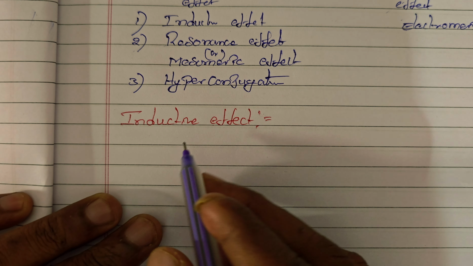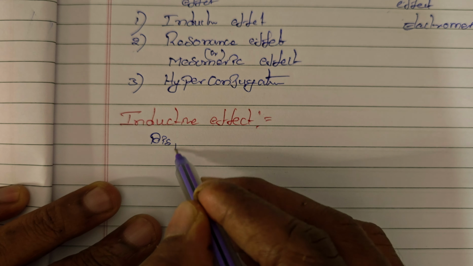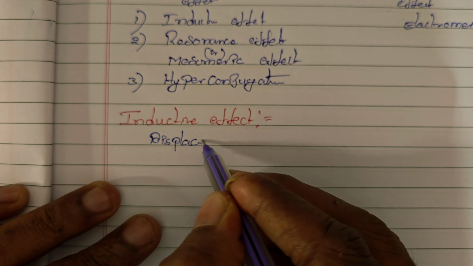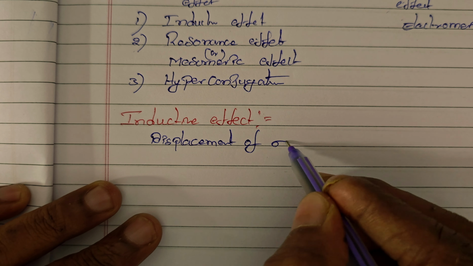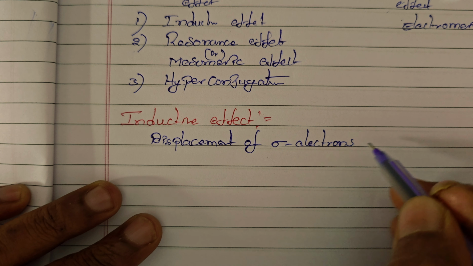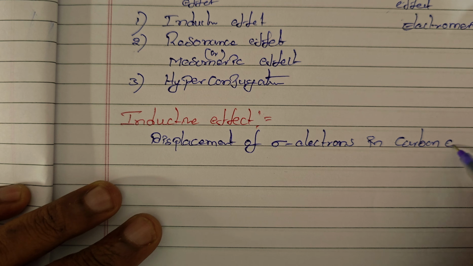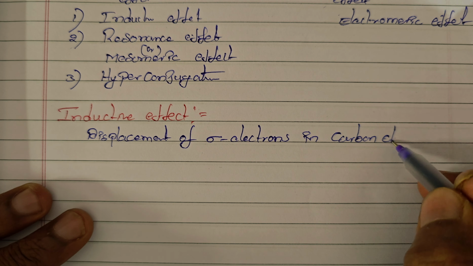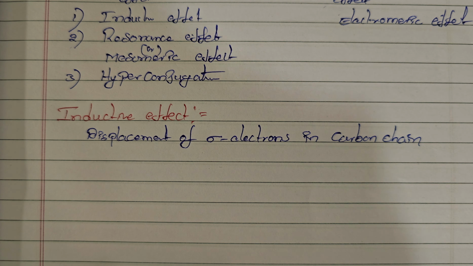A simple meaning I am telling here: displacement of sigma electrons in carbon chain is known as inductive effect.